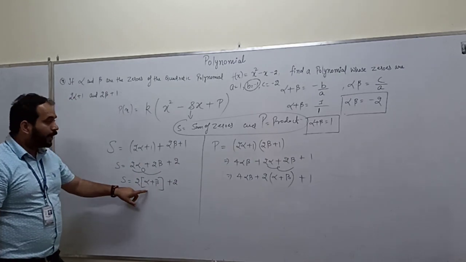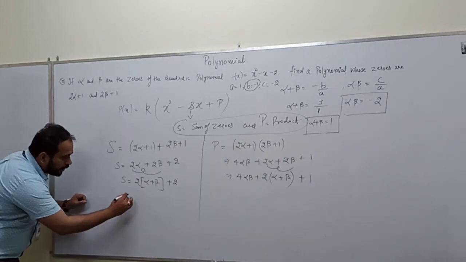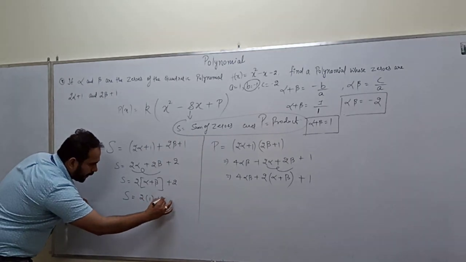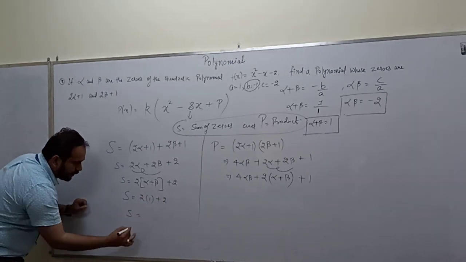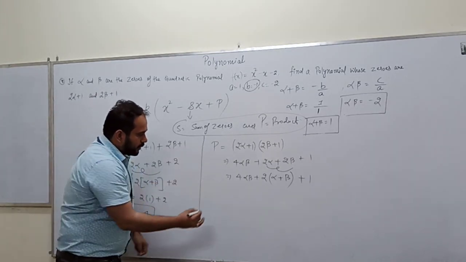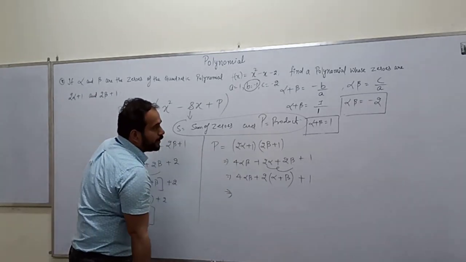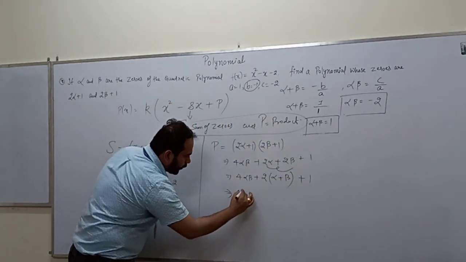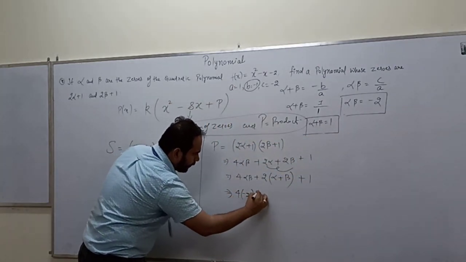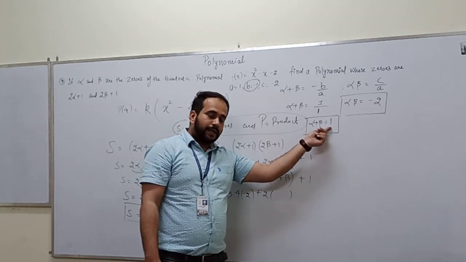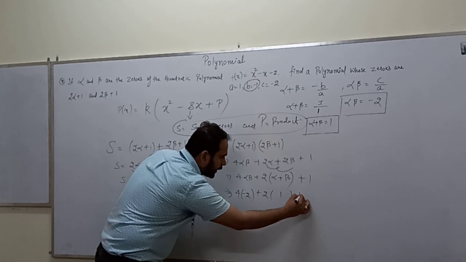What is the value of alpha plus beta? 1. I will get s is equal to 2 into 1 plus 2. That means s is equal to 4. See here, what is the value of alpha into beta? Alpha into beta is equal to minus 2, which means 4 into minus 2 plus 2 into alpha plus beta, alpha plus beta again 1, plus 1.